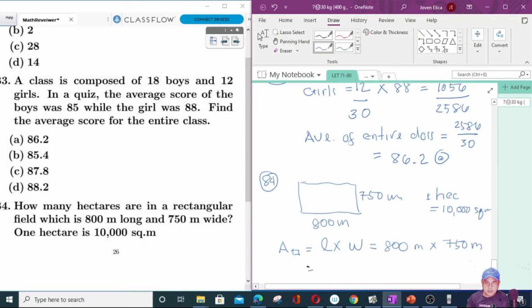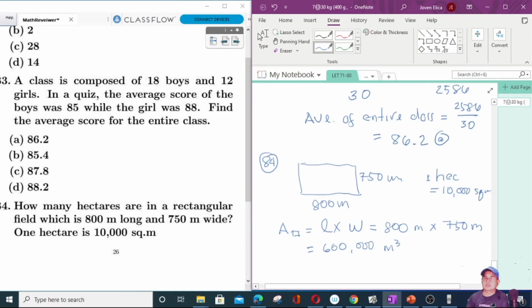Again, this is a very easy question. 800 multiplied by 750 is equal to 600,000 square meters.